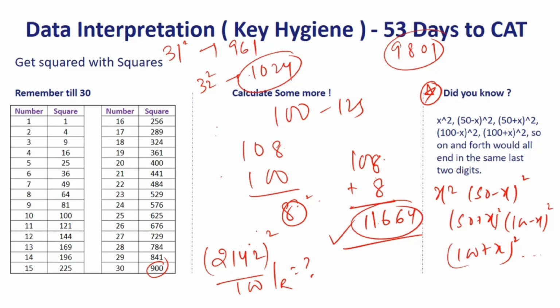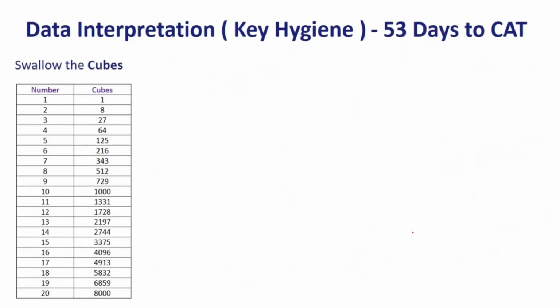See, this is some number plus 42, or (2150 minus 8) whole square. So it must end in the same last 2 digits as 8 square. So the answer here must be 64. I hope this is clear to you. Again, quite an interesting thing, isn't it? Think about it, take a few examples and solve.